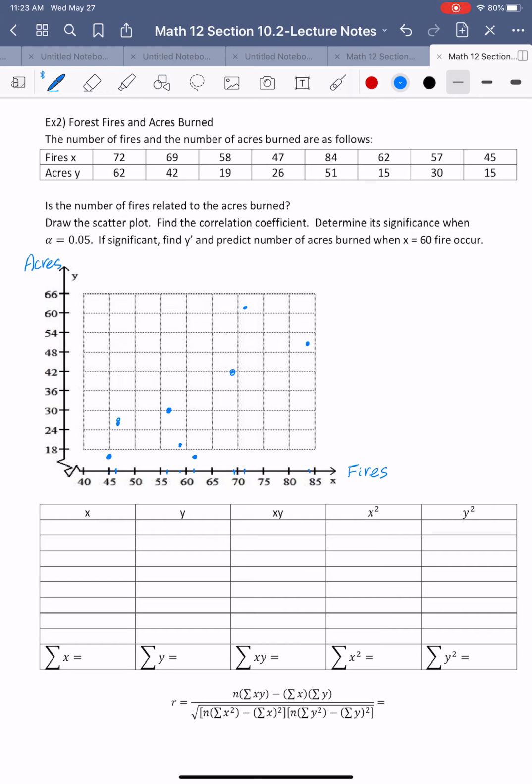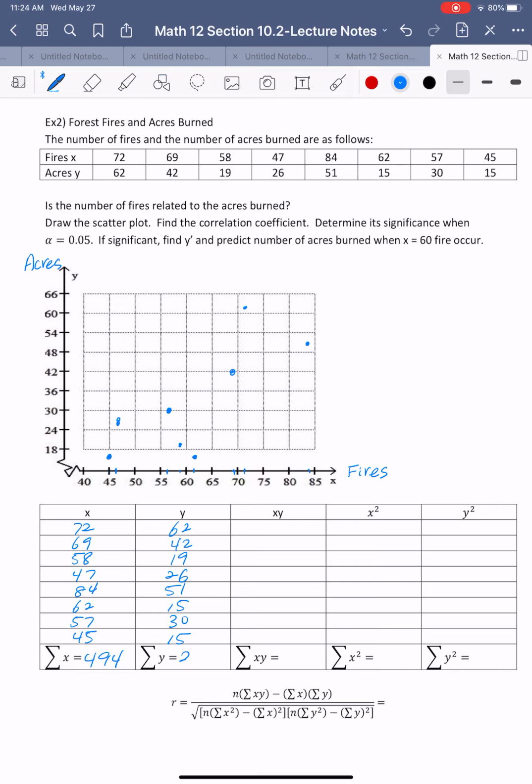All right, so now we're going to fill in the table, because we need to find the r. For x: 72, 69, 58, 47, 84, 62, 57, and 45. Sum is 494. For y: 62, 42, 19, 26, 51, 15, 30, and 15.